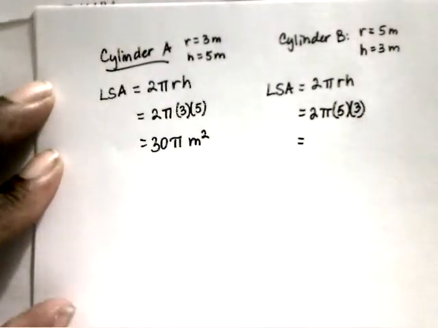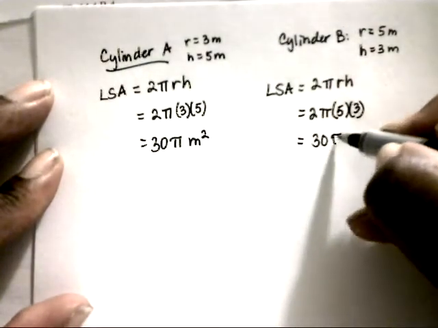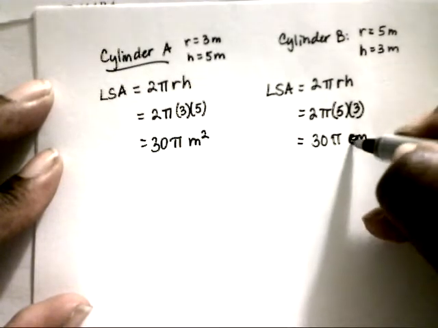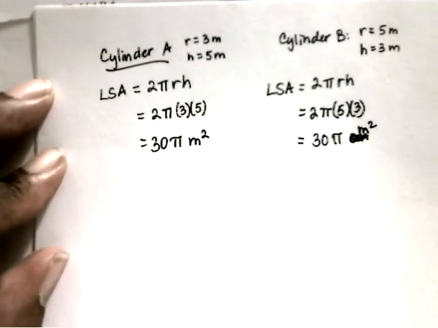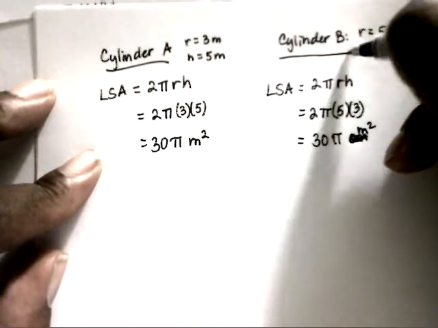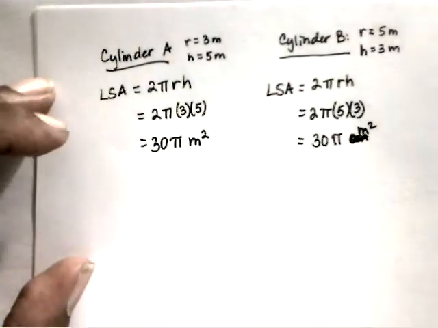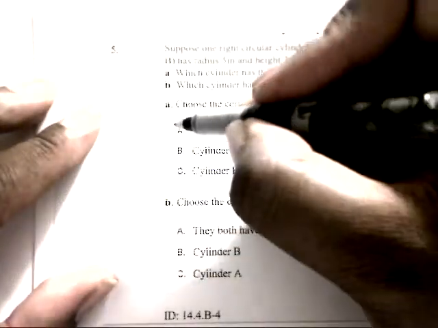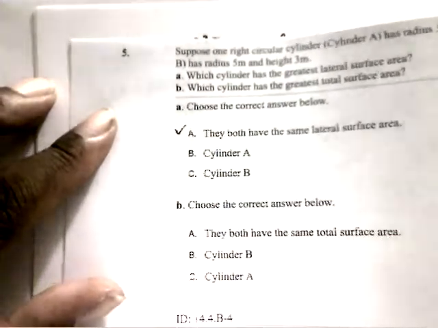So now 2 times 5 is 10, 10 times 3 is 30. So it's 30 pi square meters. Okay. So if you compare those two, you will see that those lateral surface areas are exactly the same. So in this case here, we will choose answer A, that they both have the same lateral surface area.